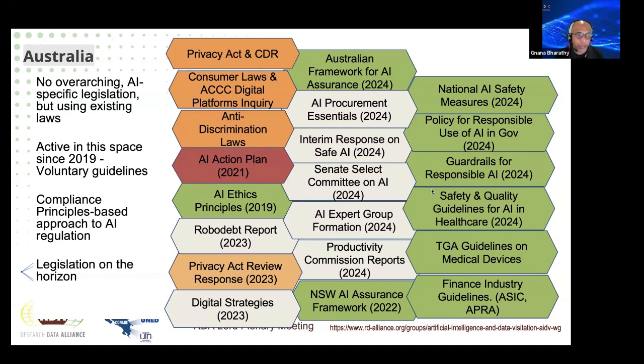So it has things like human and societal well-being, human-centered values, fairness, transparency, etc. But contestability is one that has also been explicitly stated. And so this comes out of the AI ethics framework.